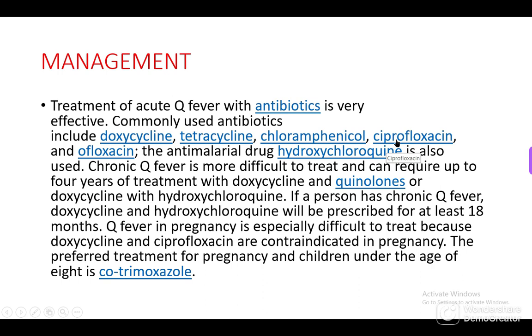Ciprofloxacin, 500 milligram twice a day, or 750 milligram twice a day, and ofloxacin 200 milligram twice a day. The unique thing is that the anti-malaria drug hydroxychloroquine is also used in the form of the chronic infection.